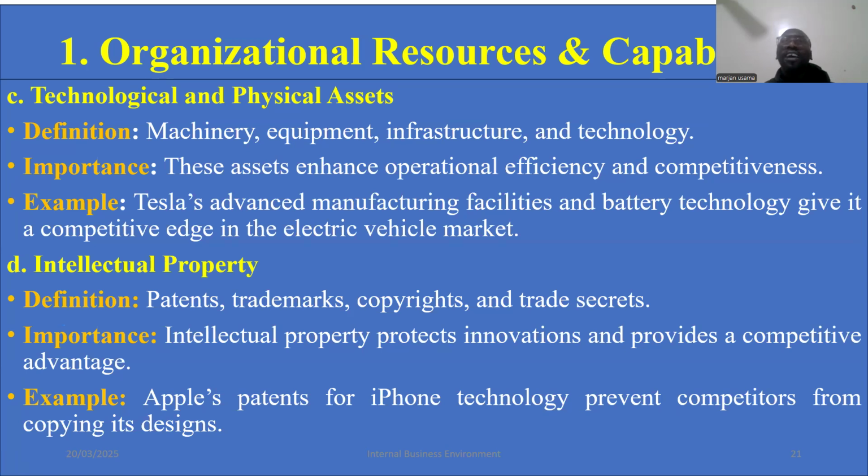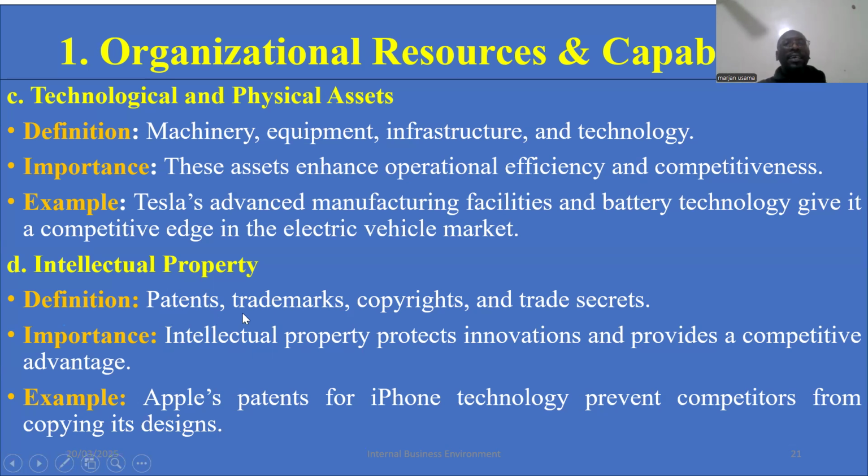But if your machines are very old, you will not be able to compete with your competitors. The big companies, like Tesla, Samsung, and Apple, have advanced technology and infrastructure.